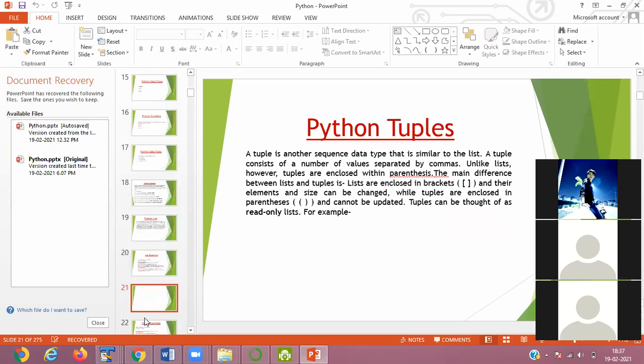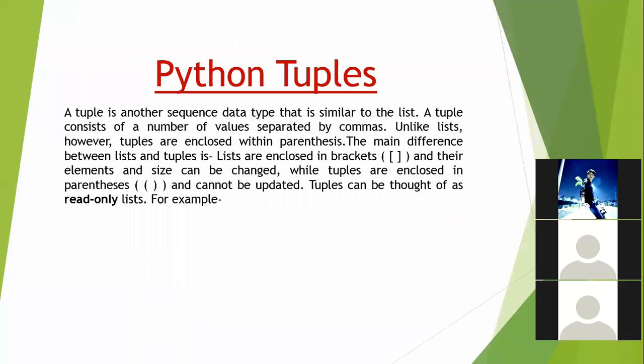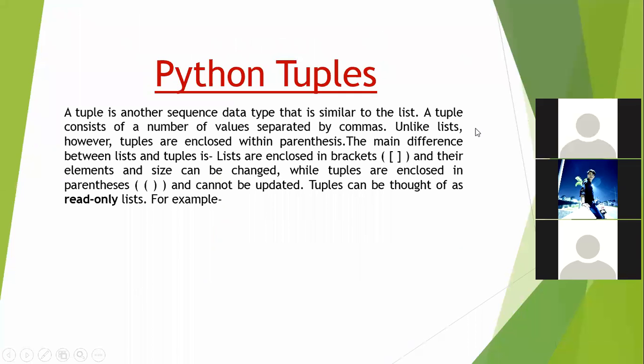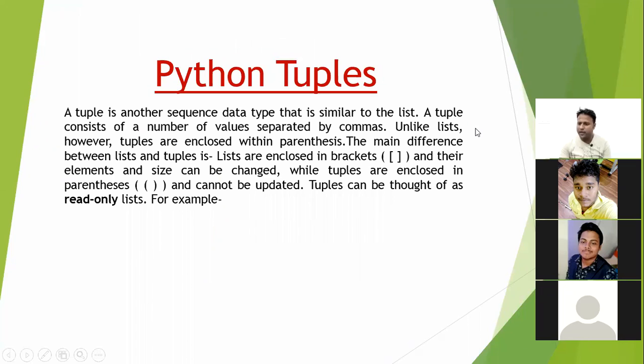Then Python tuple. The tuple is another sequence data type that is similar to a list. A tuple consists of a number of values separated by commas.